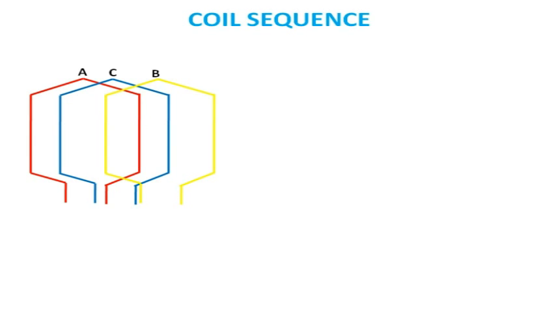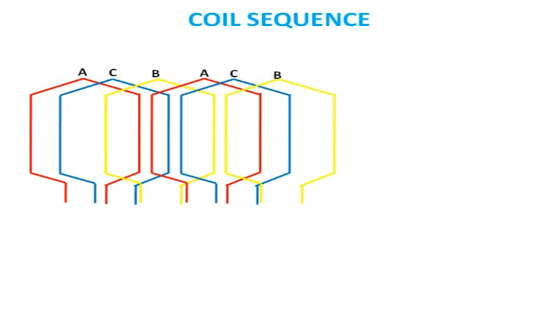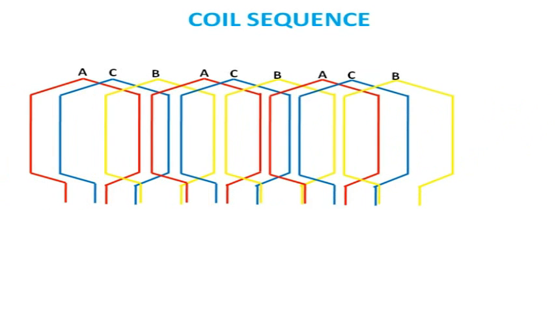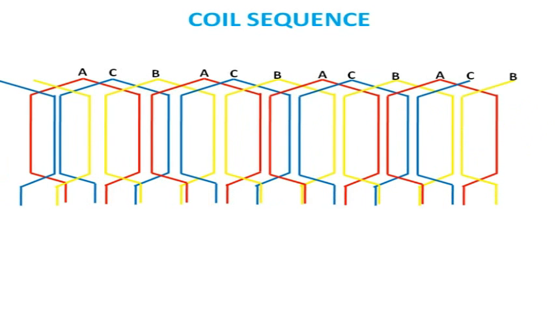That's why in the middle area it is positioned for C and B. This sequence is maintained while placing coils in the motor. You can see ACB, then again ACB, then ACB, and finally ACB. So we have to remember this sequence whenever we make connections.